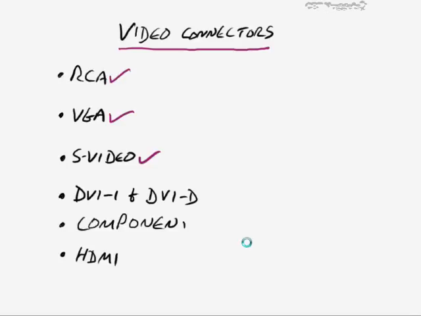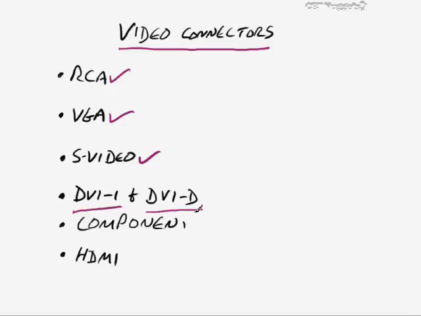Let's also take a look at the kind of connector that's going to be most frequently found on monitors and video cards right now. That would be the DVI, which is Digital Video Interface, DVI-I, or the DVI-D type of connector. The DVI video port is going to support both analog and digital signals. On the back of many monitors right now, it'll have a connector for both analog VGA and digital DVI.